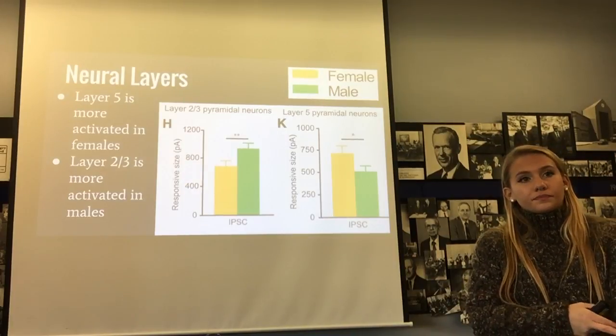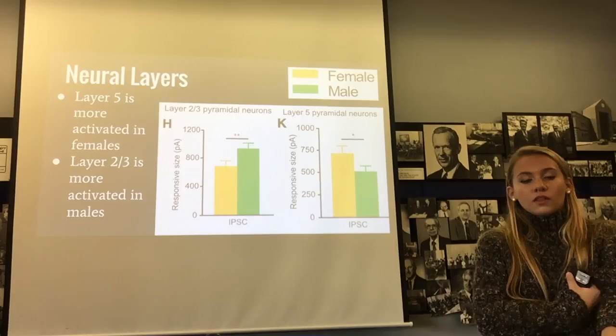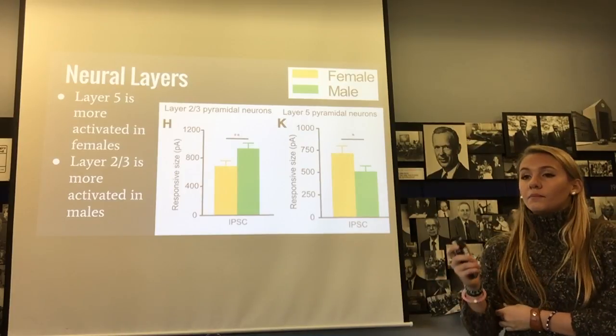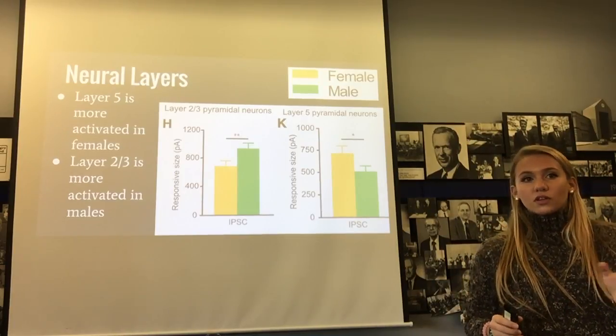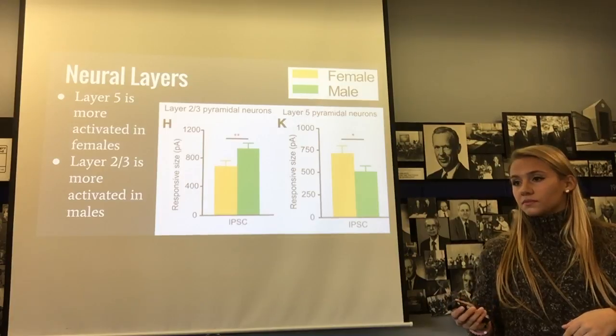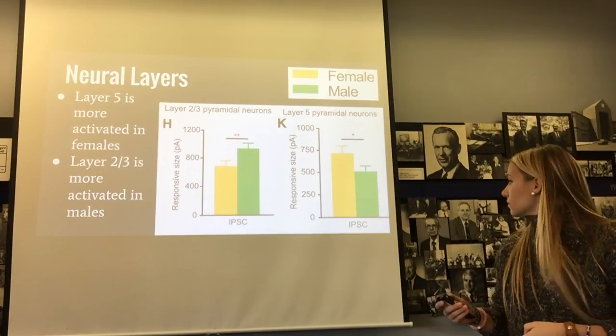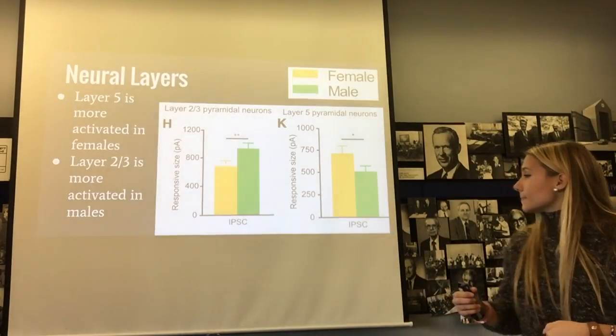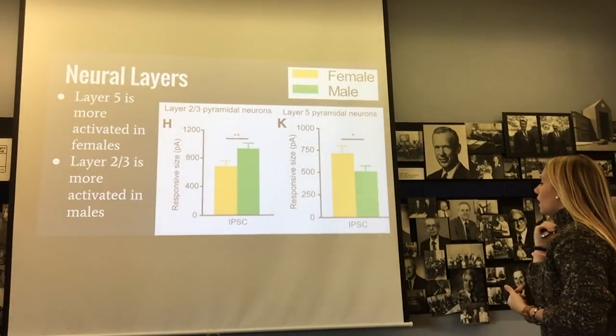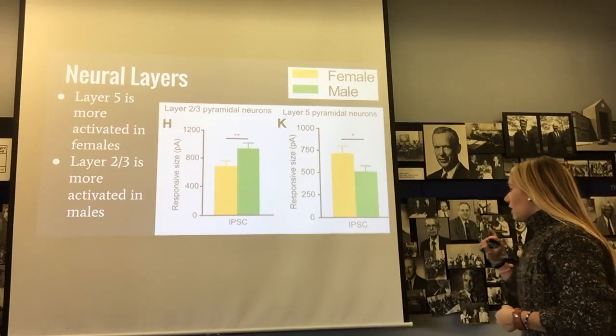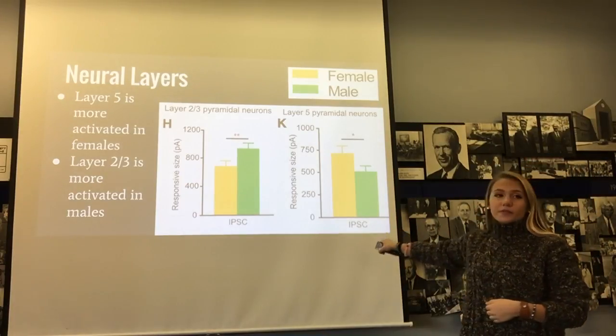How are they measuring activity? They're measuring activity by the amount of current. Can you just explain these? It's inhibitory postsynaptic current.